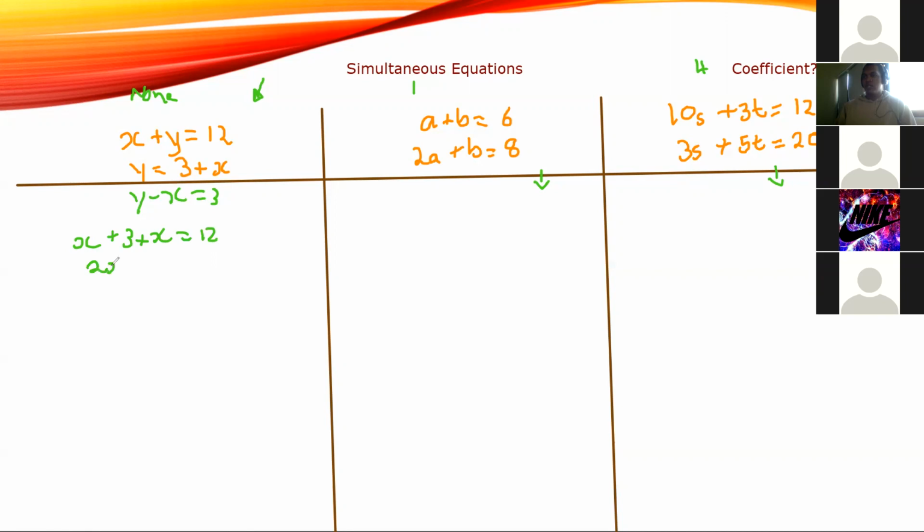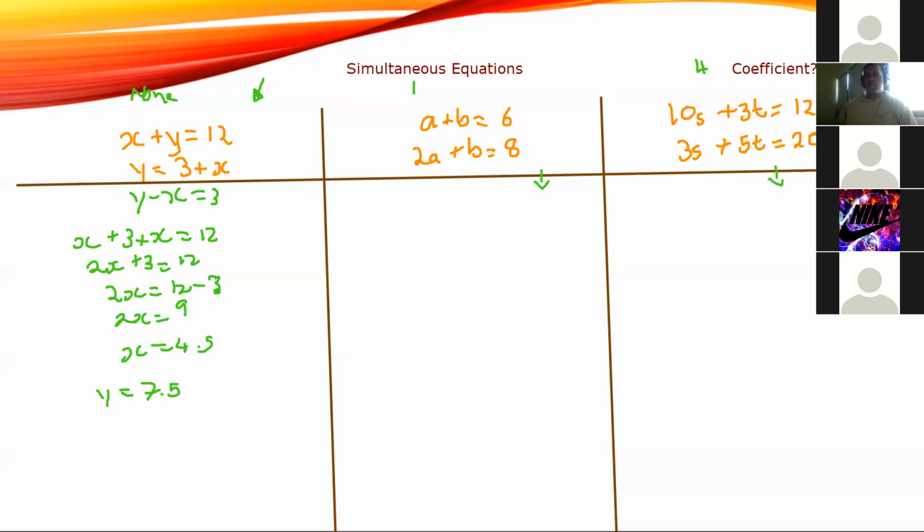And then I have 2x plus 3 equals 12, and then 2x equals 12 minus 3. Then I have 2x equals 9, and then x equals 4.5. That's the first one. And y equals 7.5.